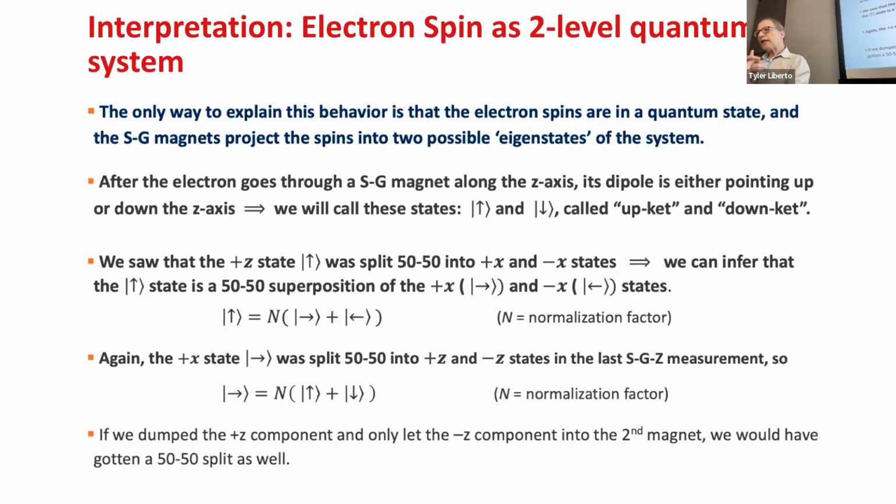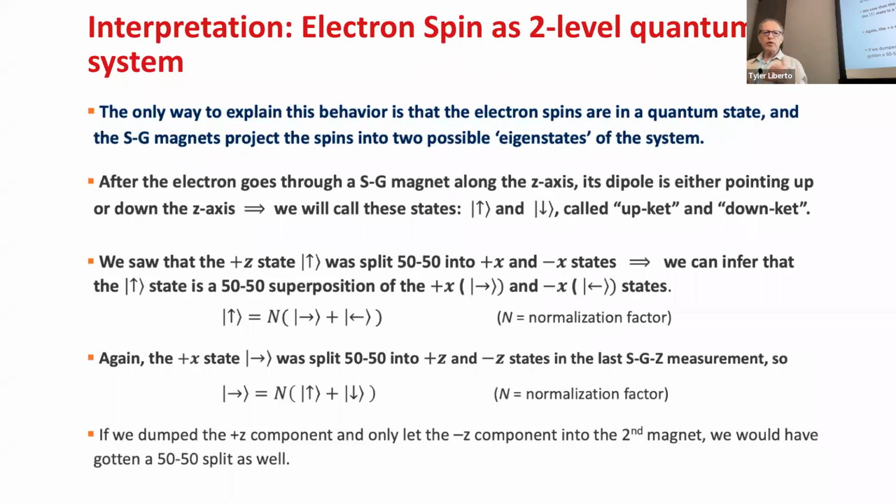And we have seen that if we take only the positive z state, so the up ket, and do a measurement in the horizontal direction, then this is actually split 50-50 in two separate beams, either the one to the right or the one to the left, which I've drawn here in arrows. That means you can write down the upward ket as a combination of a left and right ket.